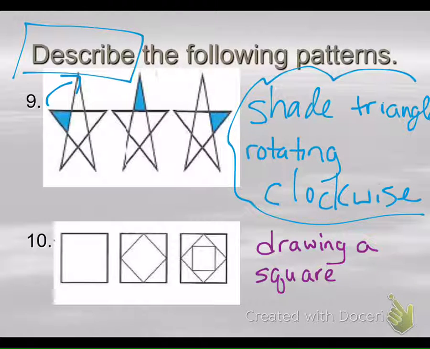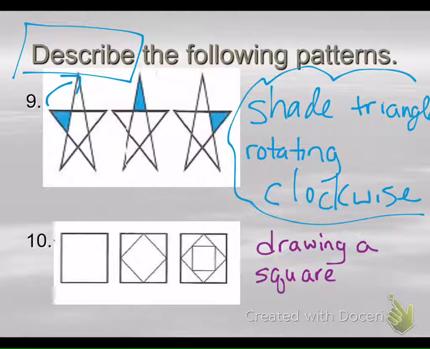So each time you're drawing a square and diamond. I don't know if I like the term diamond. I feel like it's just a square rotated. Right? Like if you turn your head like that, that's still a square. Diamond is not really a geometric term. I know what you mean, but I can't write diamond. I'm sorry, I just can't.